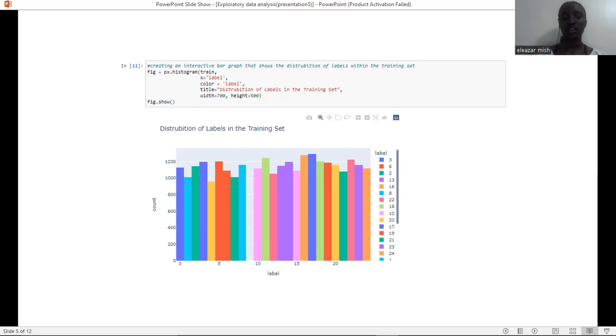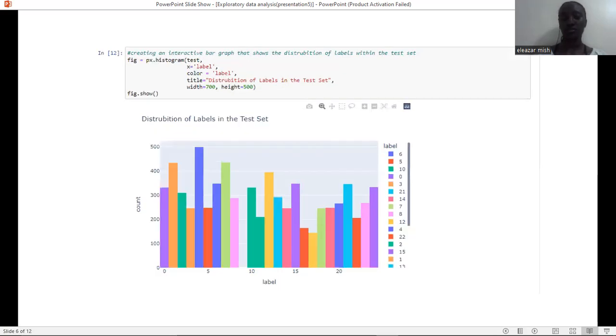Then I have the same thing for my testing data, which is the label is still the x-axis, and then the y-axis is the count. So these are just histograms that are summarizing the data.